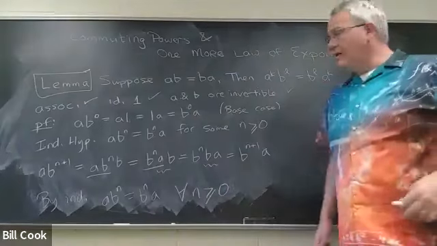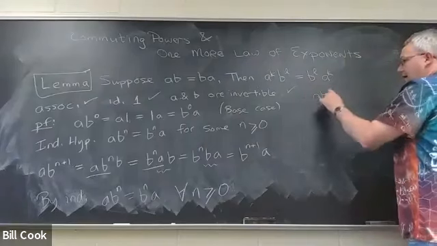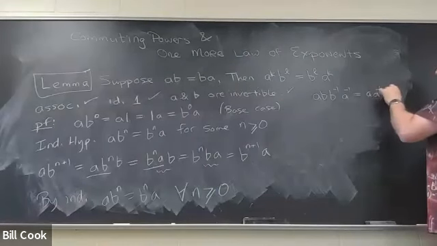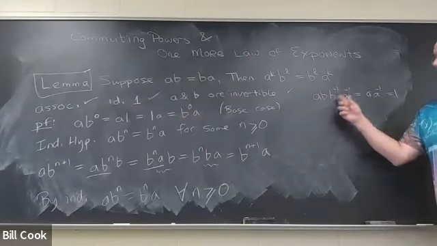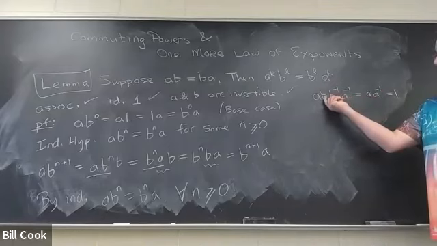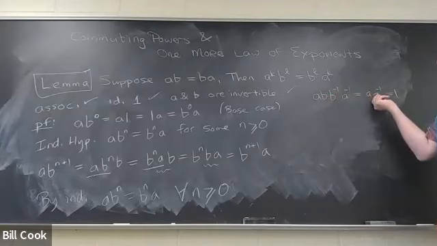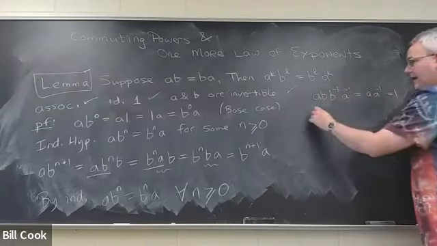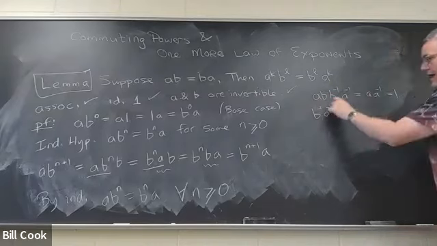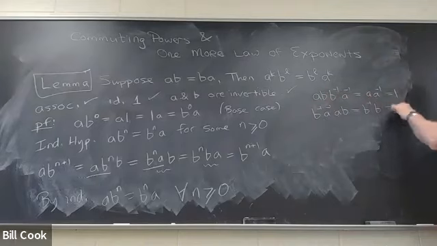By the way, if two elements have inverses, you can show directly by calculation that AB times B inverse A inverse is A times 1 times A inverse, that's just A times A inverse, which is 1. And on the other side, B inverse A inverse times AB, well, the A inverse A is the identity, so this is just B inverse B, which is 1.